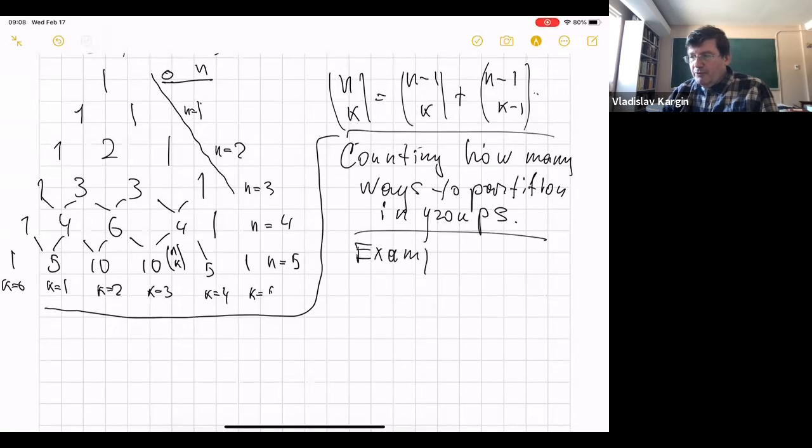So suppose that we have some distinct objects, and we want to partition them into groups, and we know exactly how many elements must be in every group. So here's an example.